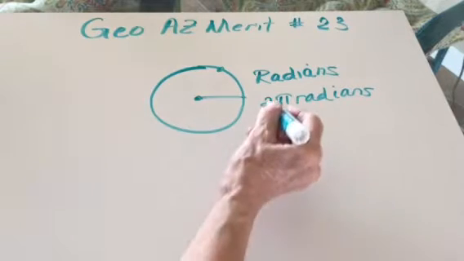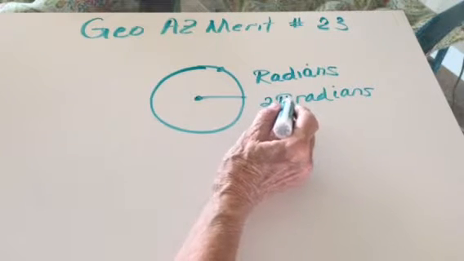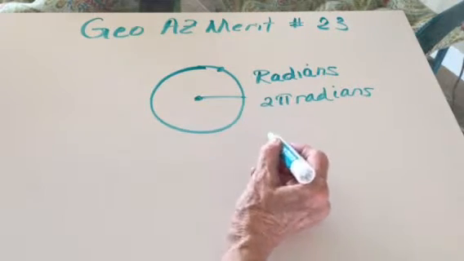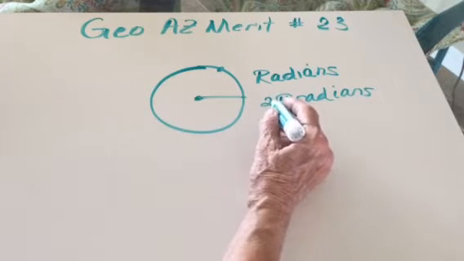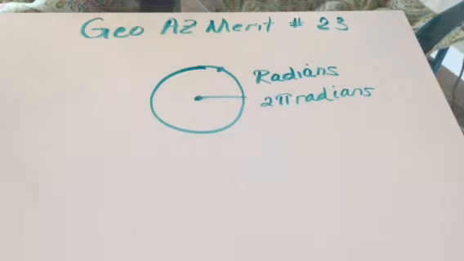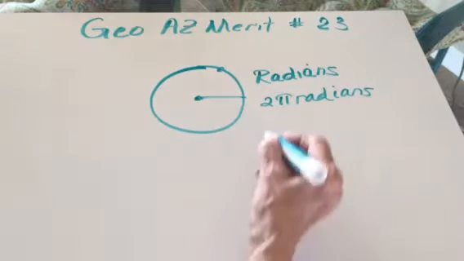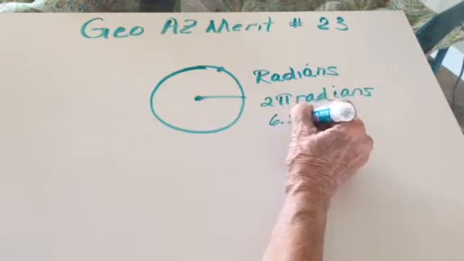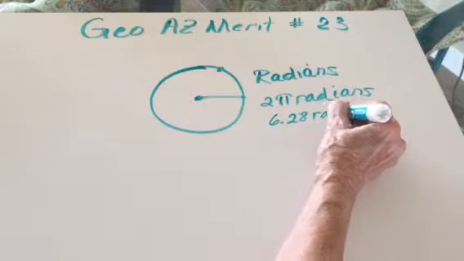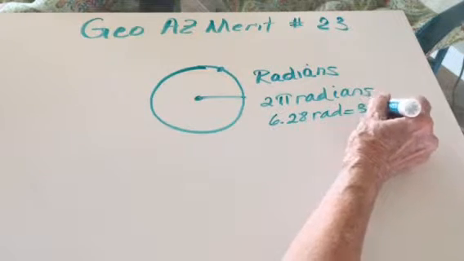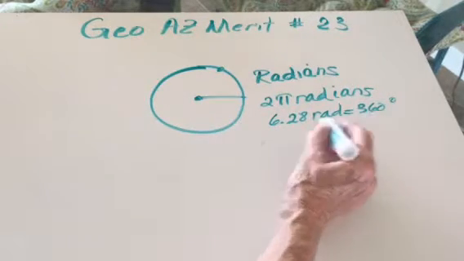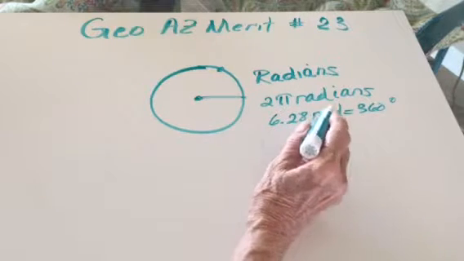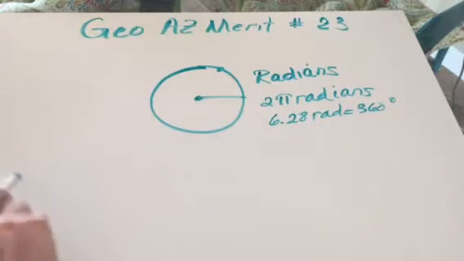So it's a little more than 6 radians that go around that circle, because 2 times 3.14 is 6.28. So 6.28 radians is the same as 360 degrees. Now you have to know that to solve this problem. You had to know that 360 degrees is the same as saying 6.28 radians.